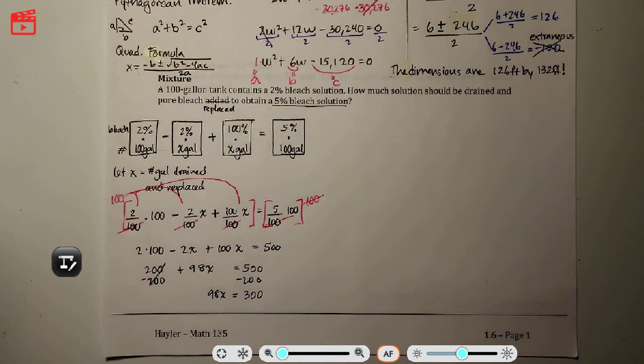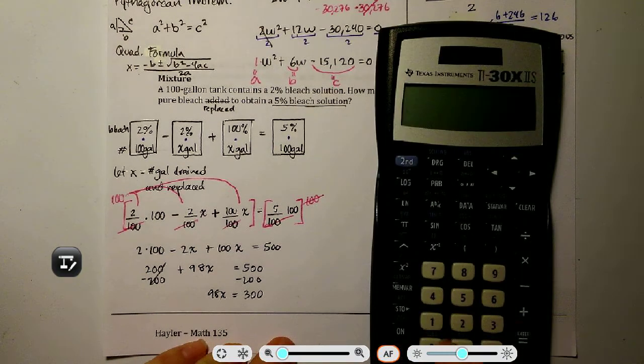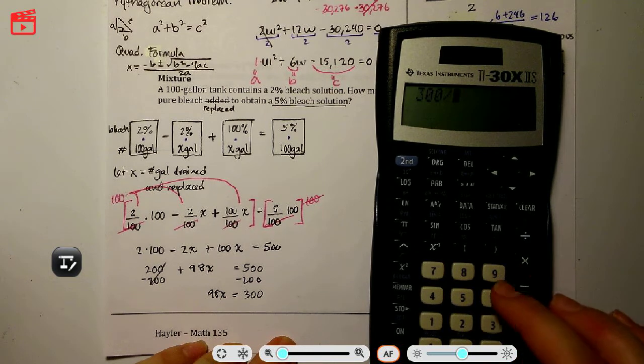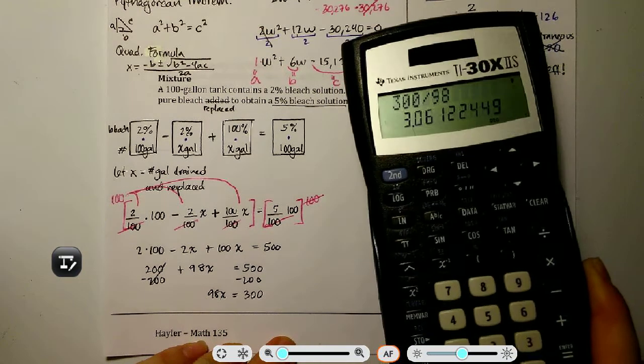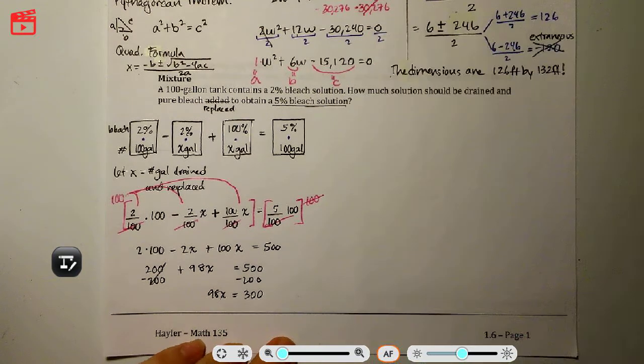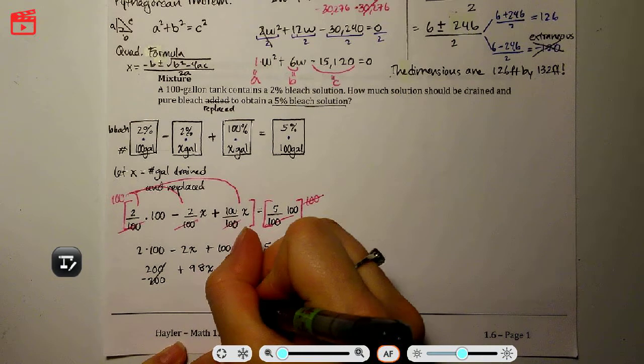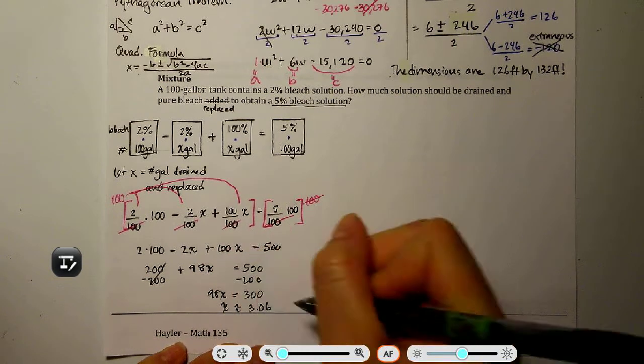Using your calculator, we get, it's not the nicest of numbers, 3.06. So x is about 3.06.